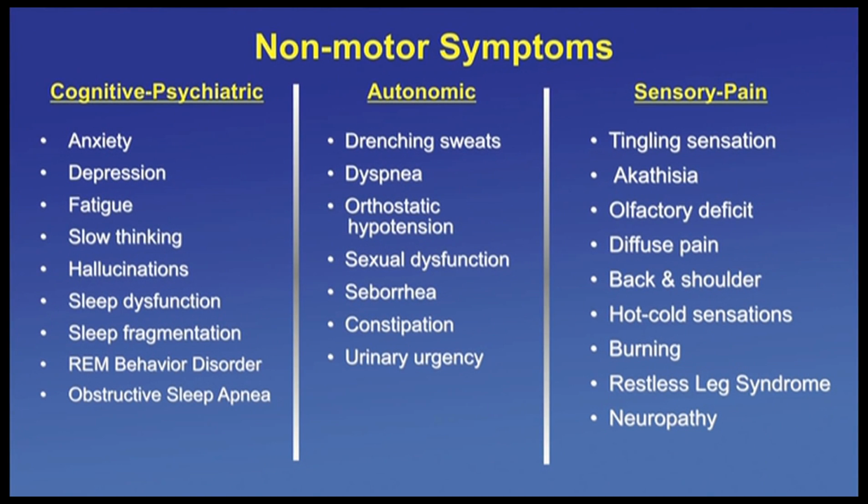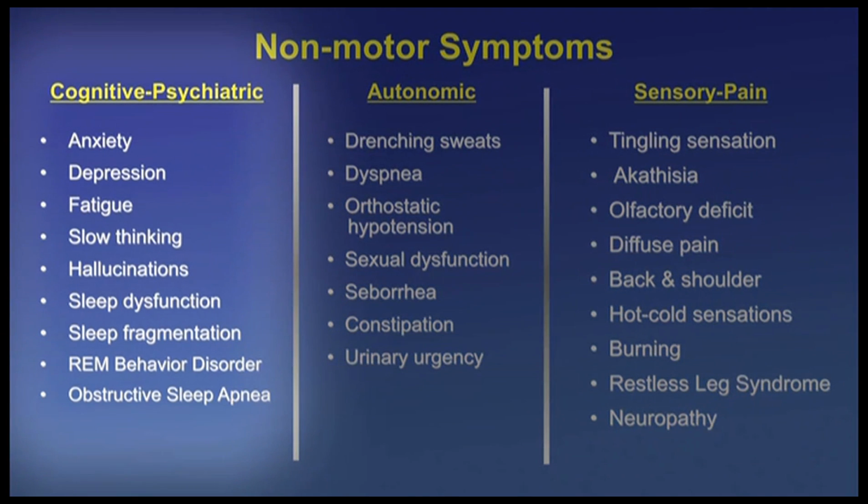Now let's talk about the non-motor symptoms, because as I mentioned previously, they occur oftentimes before the motor symptoms. I like to divide these non-motor symptoms into three categories. Number one is the cognitive and psychiatric category, then the autonomic category, and on the right, sensory and pain.